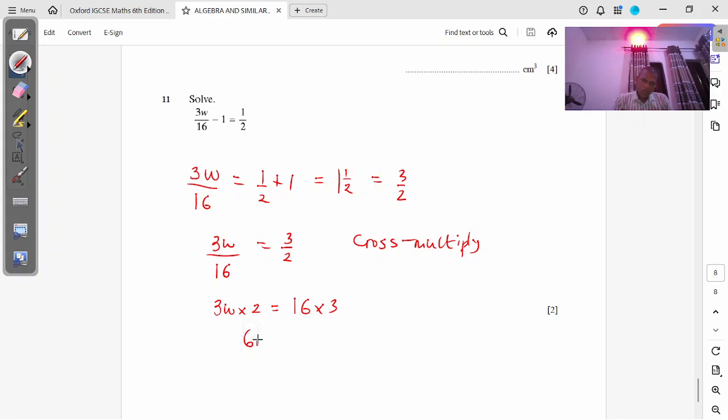This is 6w equals 16 times 3. So divide both sides by 6. 6 cancels out 6. So 3 here is 1, 3 here is 1, 2 here is 1, and 2 here is 8. So the value of w is equal to 8. That's the final answer.